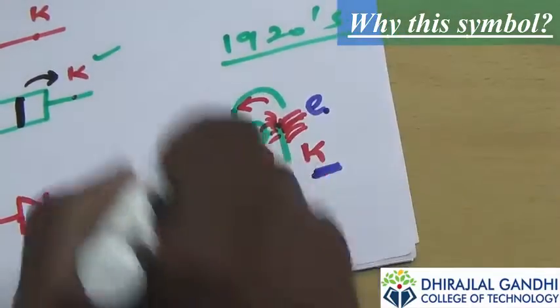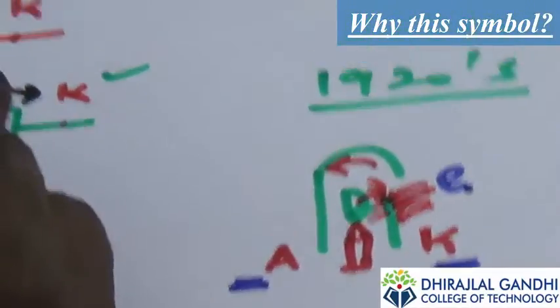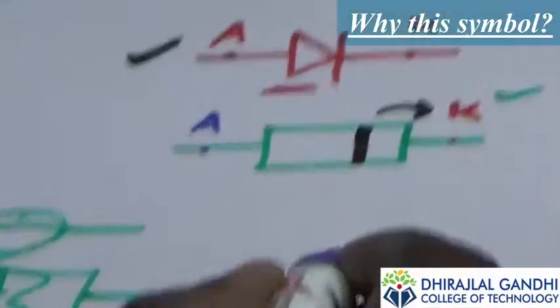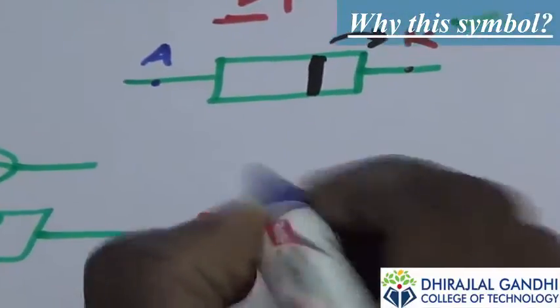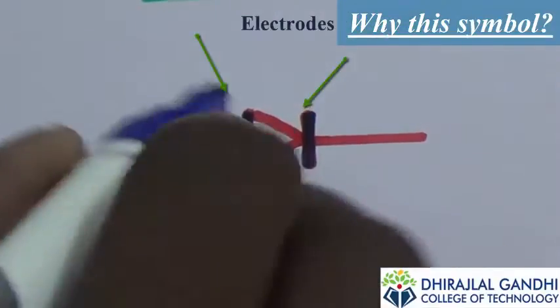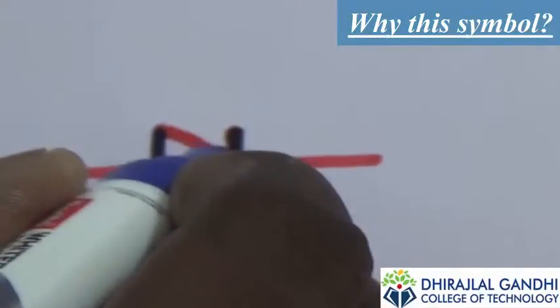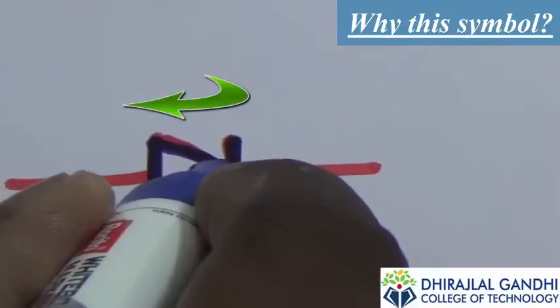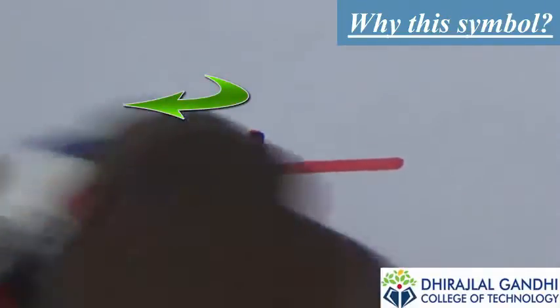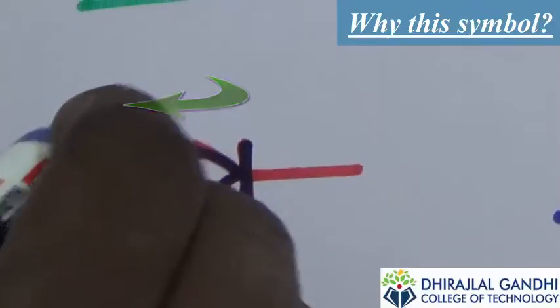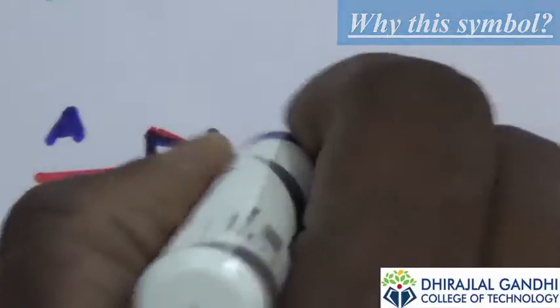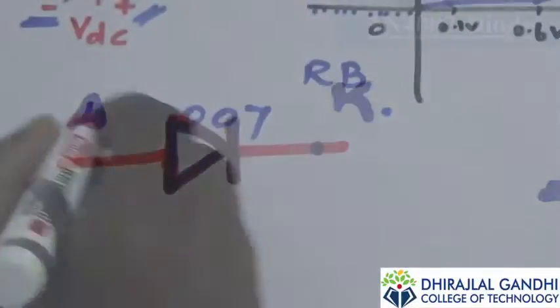So from this phenomenon, the symbol of the diode is derived, which means there are two plates, two electrodes. The emitted electrons are collected by the opposite electrode, namely the anode.